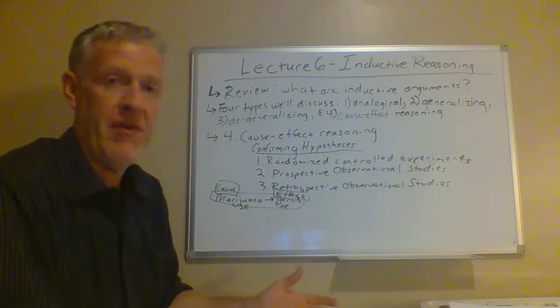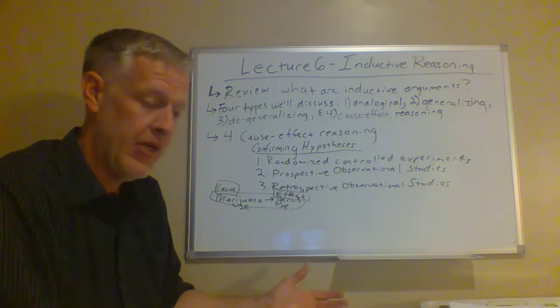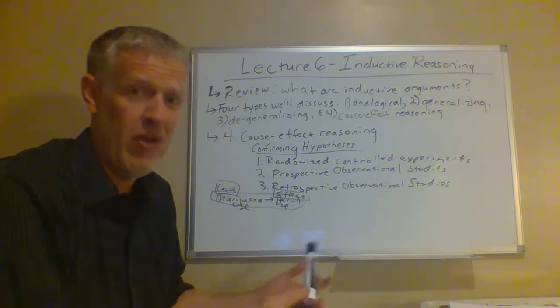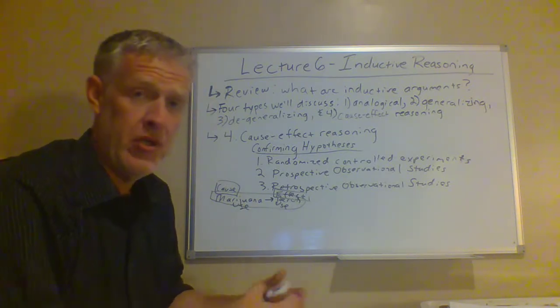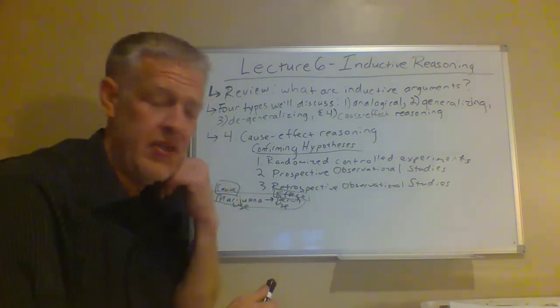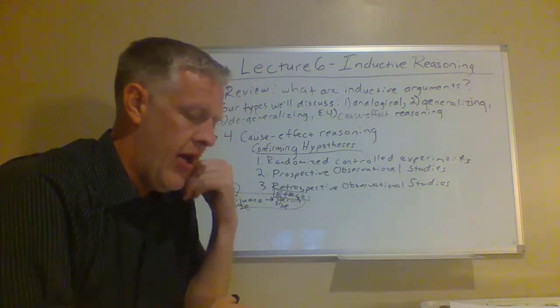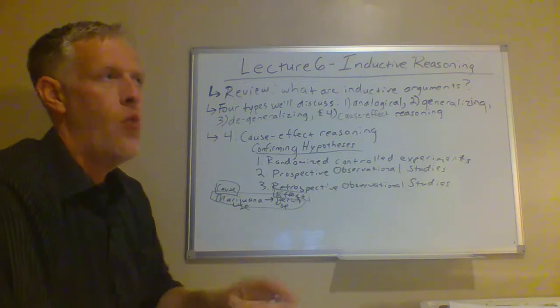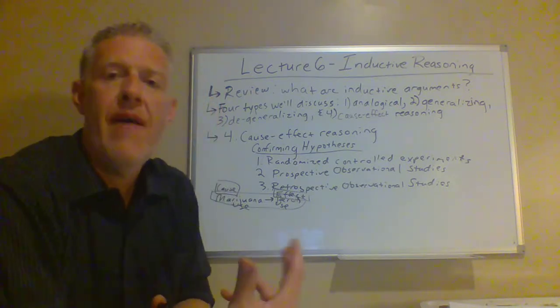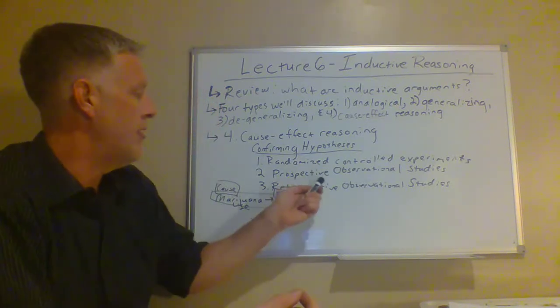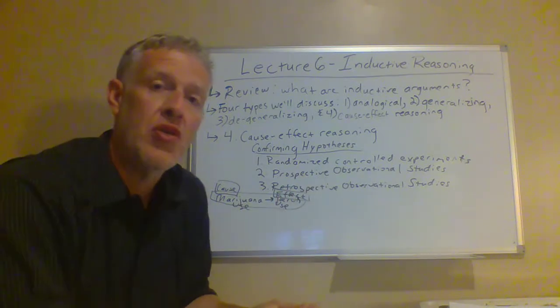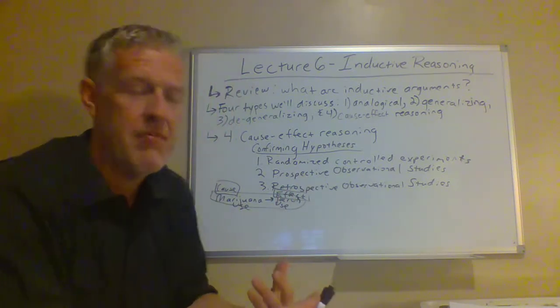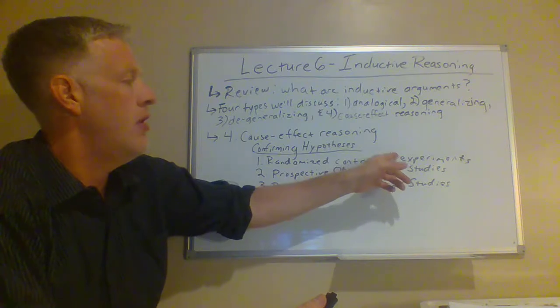This is also referenced as a non-experimental cause-to-effect study. You'll see that oftentimes in various literature, including the previous editions of the textbooks. So in this kind of study, how does this look? Now we know we're not going to be as confident in the conclusions we can draw from these two types of studies because we don't exert the kind of control, as previously mentioned, that we do in these.